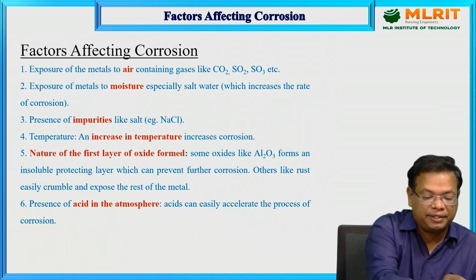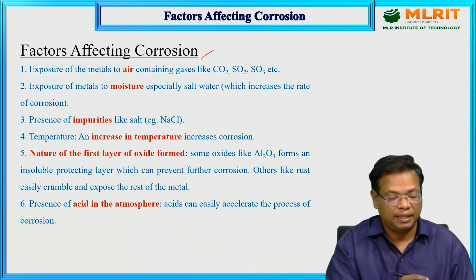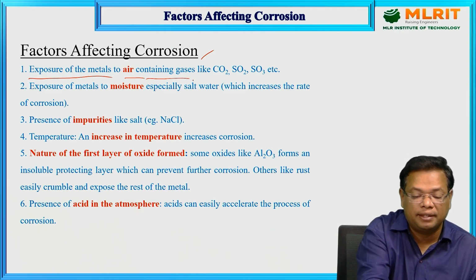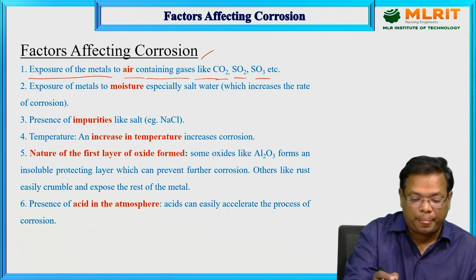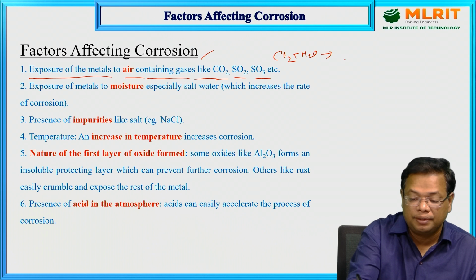So, factors affecting corrosion. We have to think about the factors affecting corrosion. Exposure of the metals to air containing gases like CO2, SO2, SO3, etc. For example, CO2 will react with water, it will form H2CO3, carbonic acid.